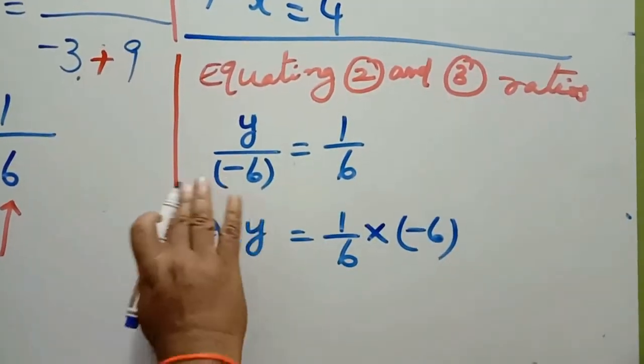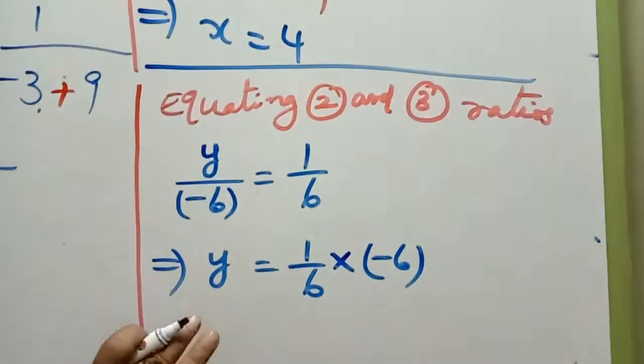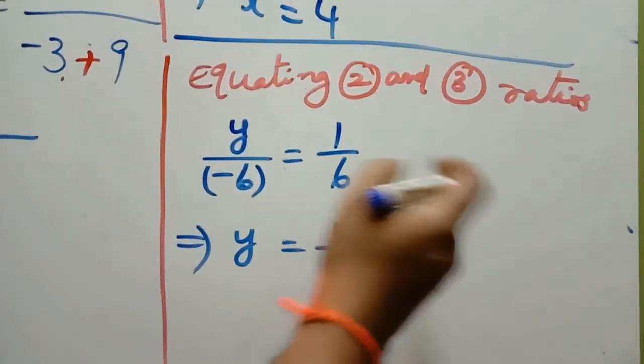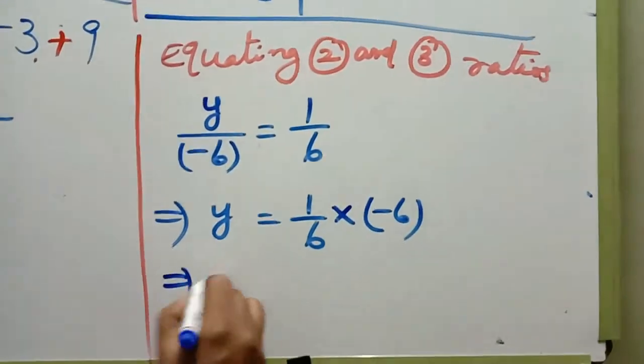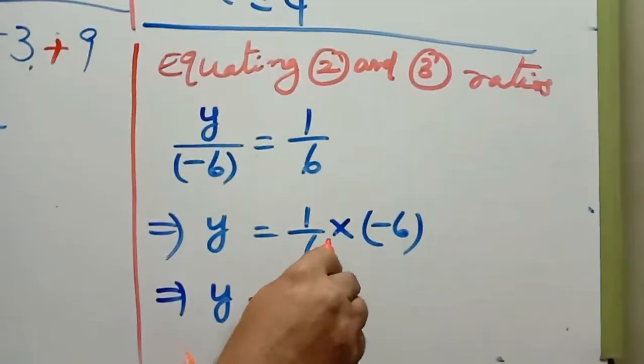Don't think it is positive 6. This is nothing but y divided by minus 6. It will be transposed from LHS to RHS into minus 6. That implies y is equal to 6 table 1 time.